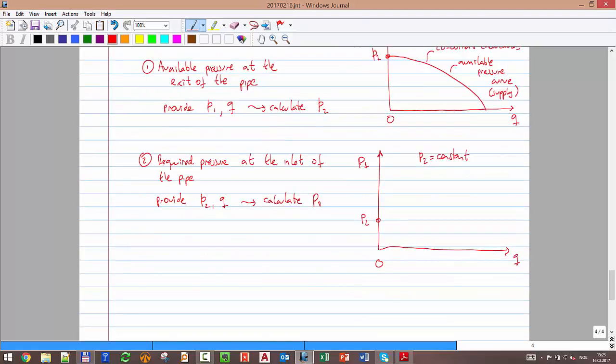So P1 minus P2 equal to delta P. So P1 is equal to P2 plus delta P. When I have no rate, that is 0, so P1 equal to P2. But when I have a rate, delta P increases, so I all the time have a value of P1 greater than P2. So that curve looks like that.